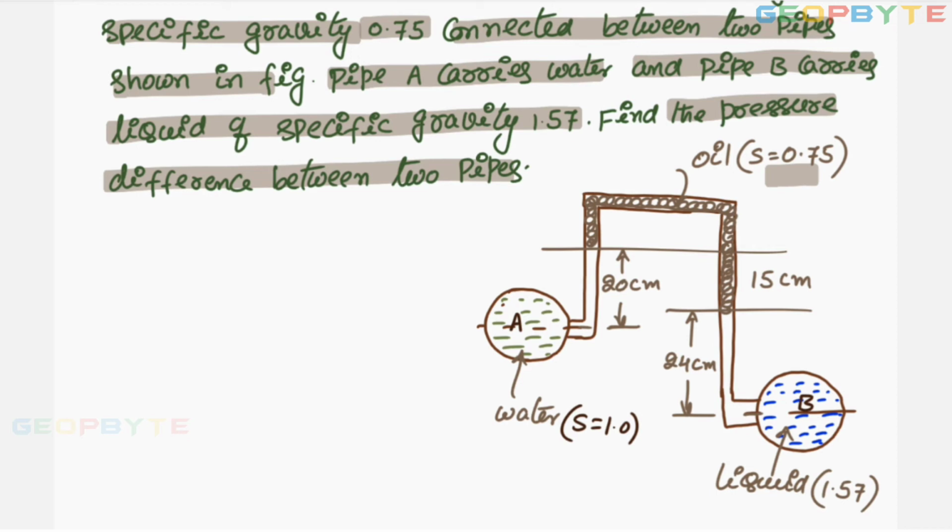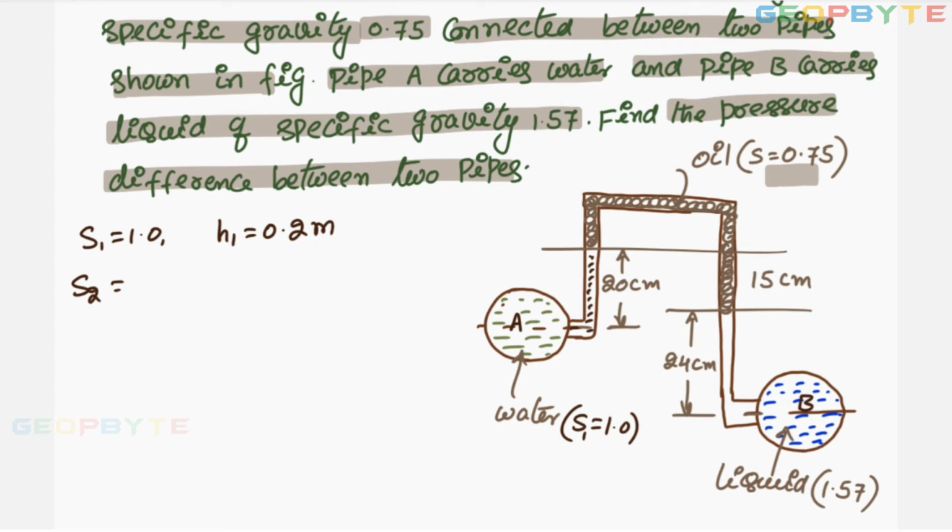Now, let the specific gravity of water flowing through the pipe A be S1 equal to 1. Then the height occupied by the water in the pipe A, or left side, is H1. H1 is equal to 20 centimeters, equal to 0.2 meters.